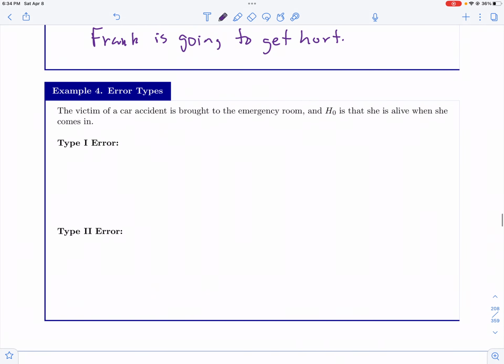All right, so let's take a look at another one. Example 4: the victim of a car accident is brought to the emergency room, and H naught is that she is alive when she comes in. So in this case, H naught means that she's alive. As a type 1 error, this would mean that they think the person is dead, even though they're not.